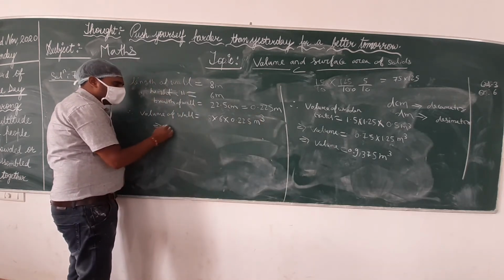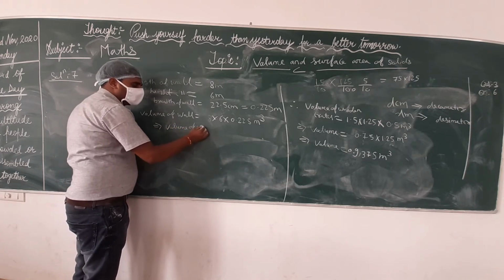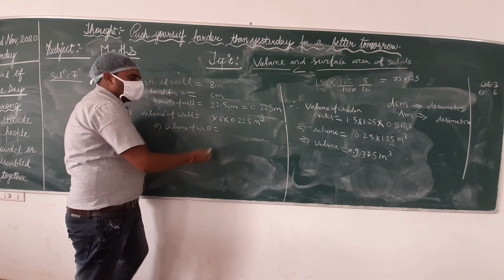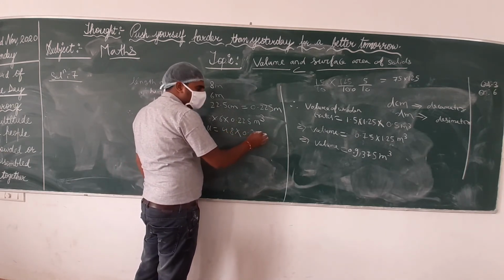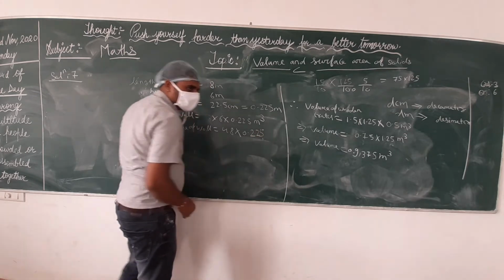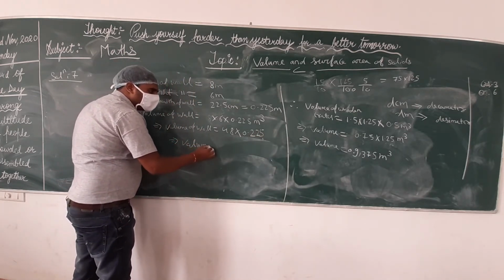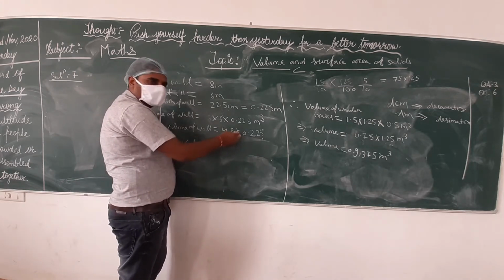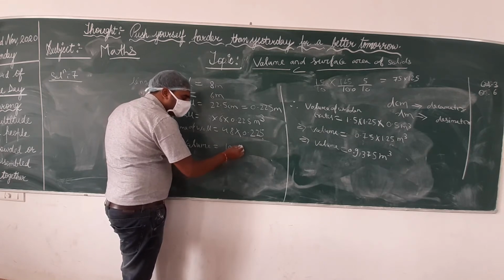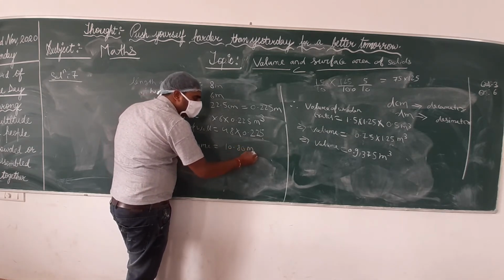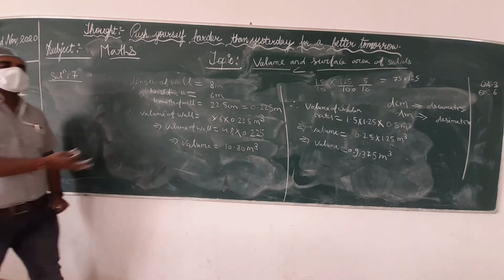This implies the volume of the wall equals 48 multiplied by 0.225. If you want the exact value, you have to multiply by 0.225, which gives 10.80 meter cube. Anyone have any problem? We have to calculate the total volume of the wall.